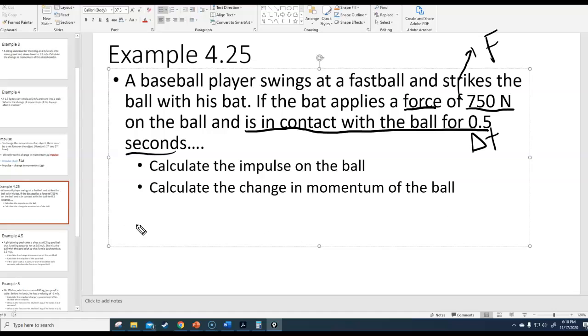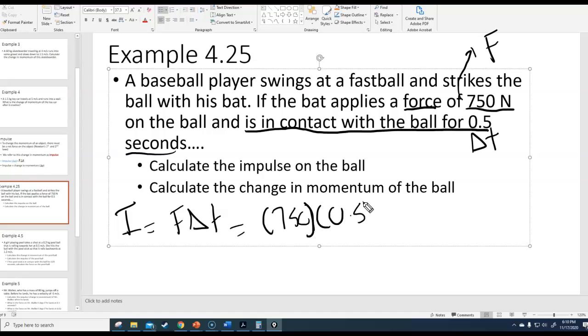Now, as you're looking at your equations, you see the equation for impulse is I equals F times delta t. And so that makes it very easy to calculate the impulse. That would just be the force, which is 750, times delta t, which is 0.5. And then if you multiply those two together, you get 375.